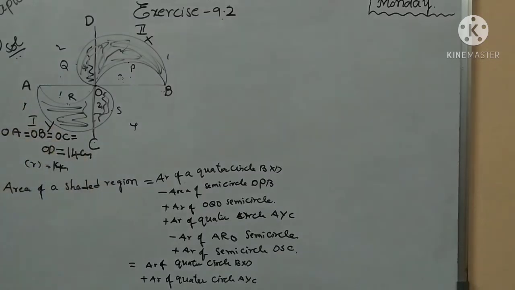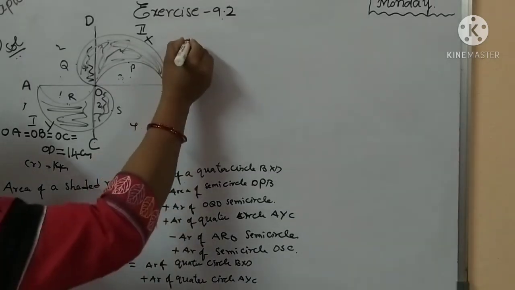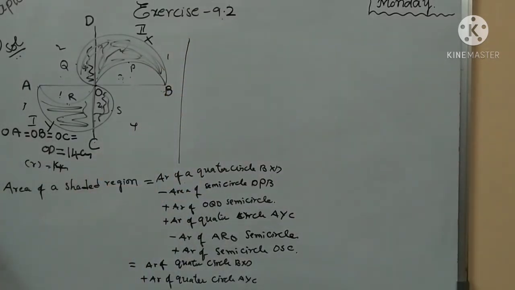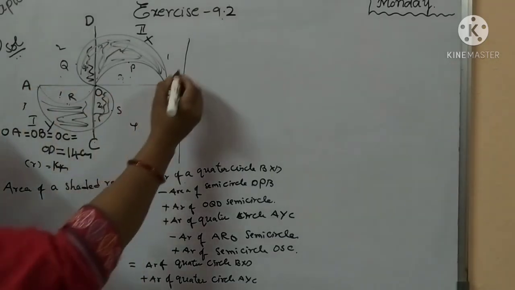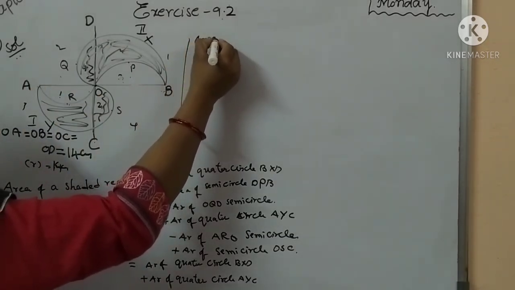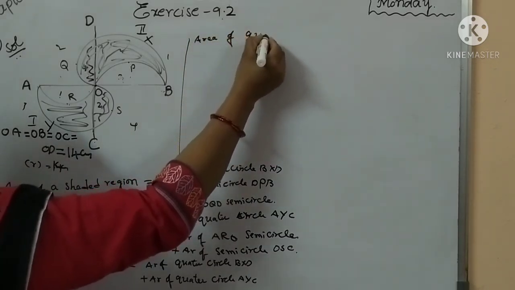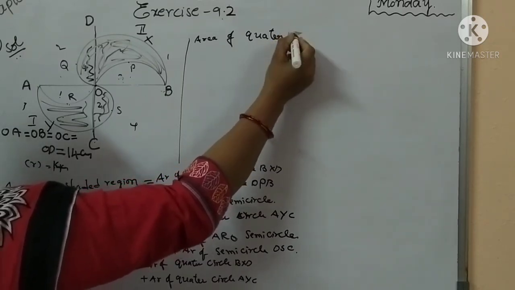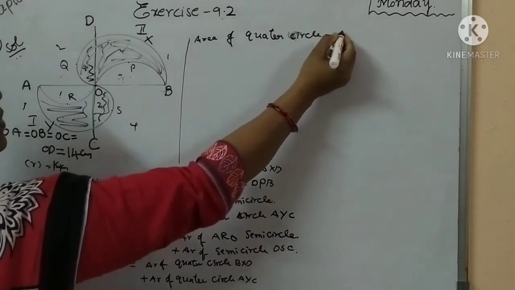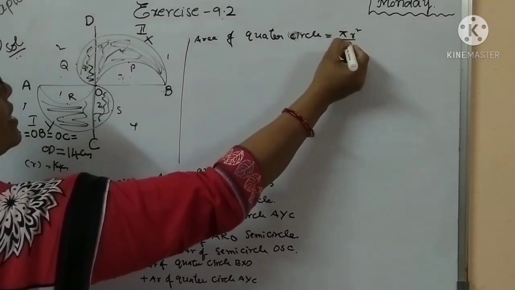We already know the semicircle formula is pi r square by 2. Quarter means 1 by 4th part. So we should write here the formula pi r square by 4. So substitute the formula. Okay, did you understand, children? Now find the area of a quarter circle, equal to pi r square by 4.